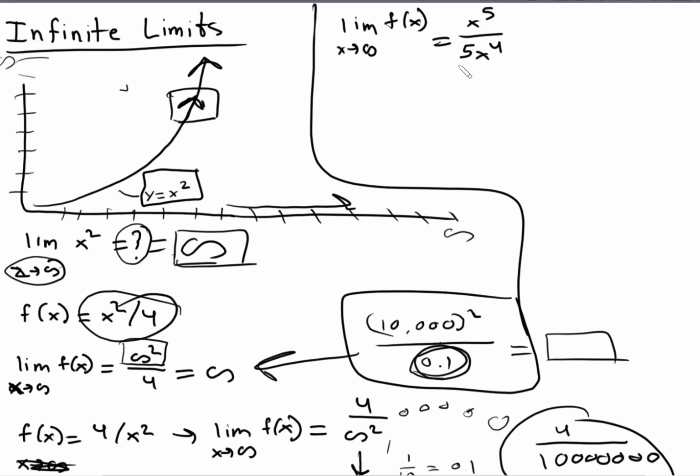Well, before you even do that, you want to make sure that in cases like this, your function is as simplified as it can be. So x to the 5th divided by 5x to the 4th can really just be simplified to x divided by 5. And if you were to take this limit as x approaches infinity, well, that's really just infinity, right? Because you can cancel out an x to the 4th here and an x to the 4th here to get an x on your numerator.